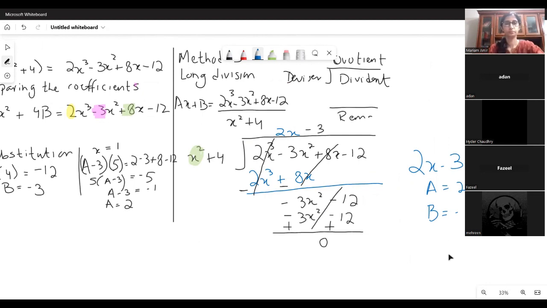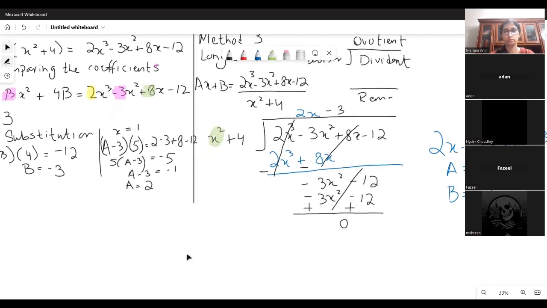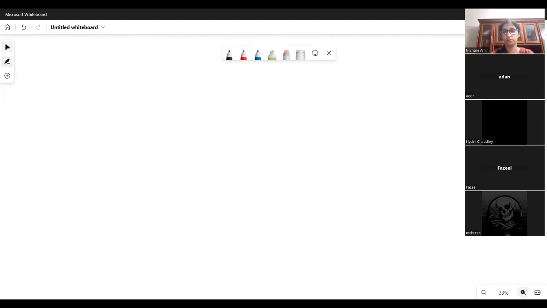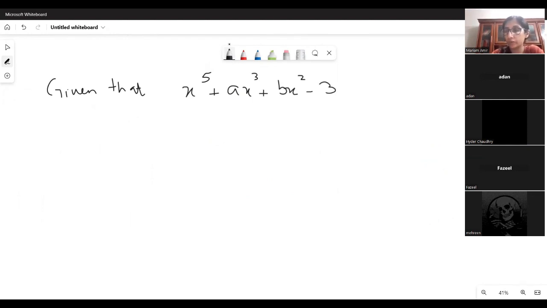Next question. It is given that x to the power 5 plus ax cubed plus bx squared minus 3 equals x squared minus 1 times q of x, minus x minus 2.